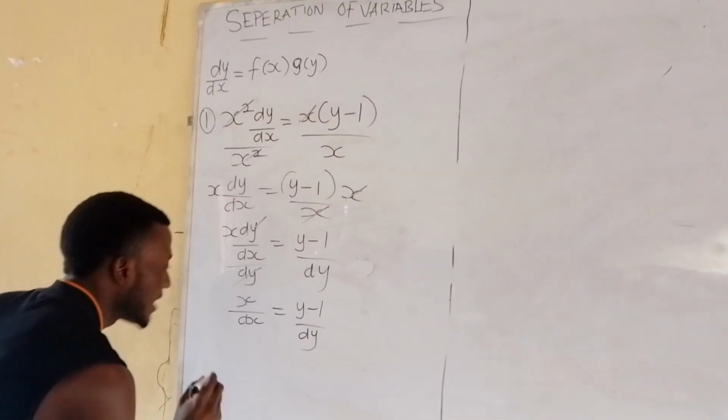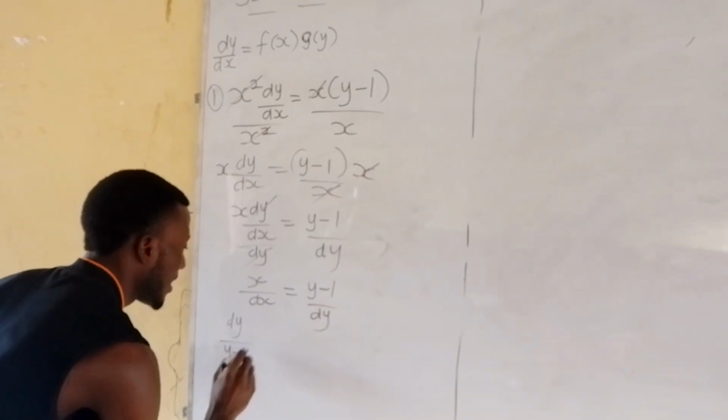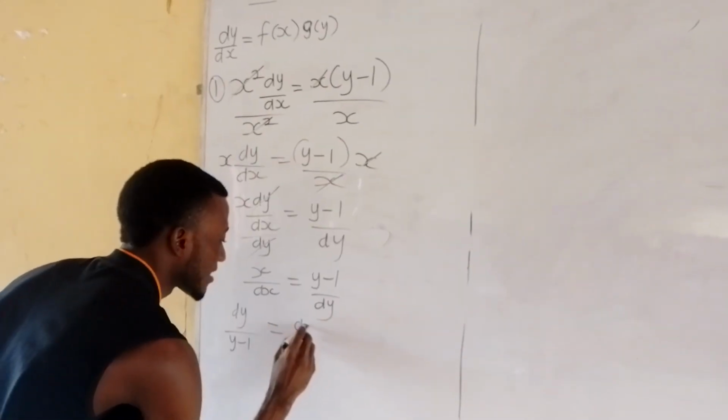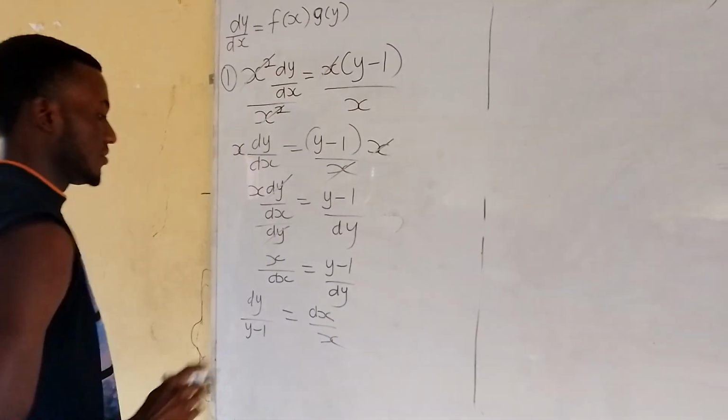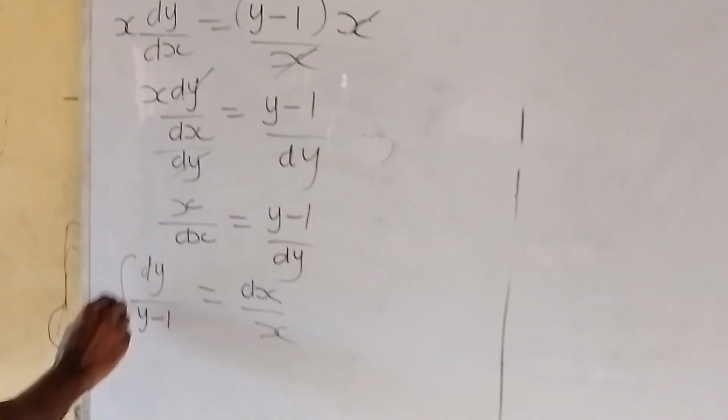This can be written, by taking the inverse, as dy over y minus 1 equals dx over x. At this point we have to take the integral of both sides.